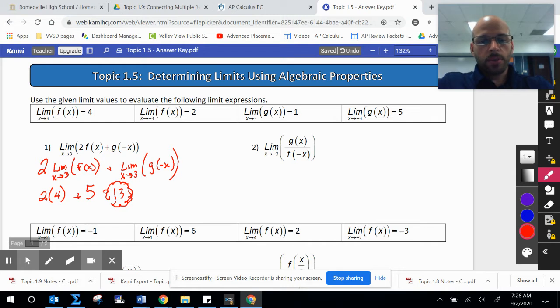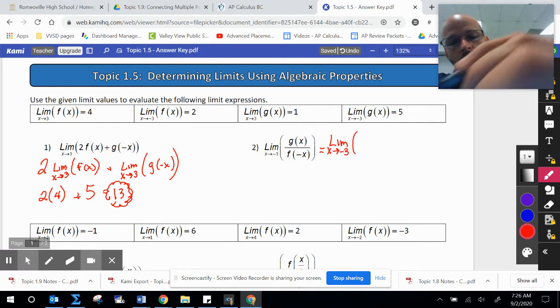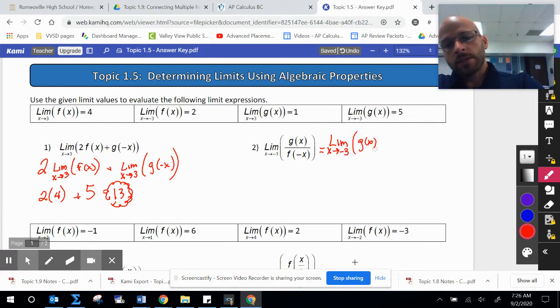Okay. So number 2, I do the same way. Whenever I have a quotient, I'm going to split that quotient up into the numerator and denominator. So I'm going to take the limit as x approaches negative 3 of g of x all over the limit as x approaches negative 3 of f of negative x.